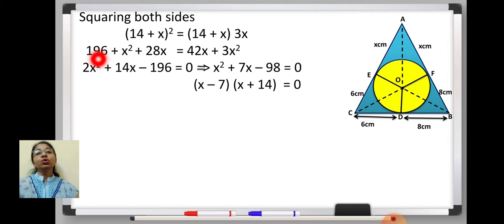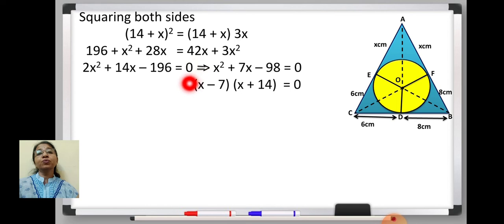Now what you do, you transfer all the terms on the left hand side to the right hand side. Transfer them. So you will get 3x square minus x square is 2x square. Then 42x minus 28x is 14x, and this plus 196 on this side will become minus 196, is equal to 0, as there is nothing on the left hand side.